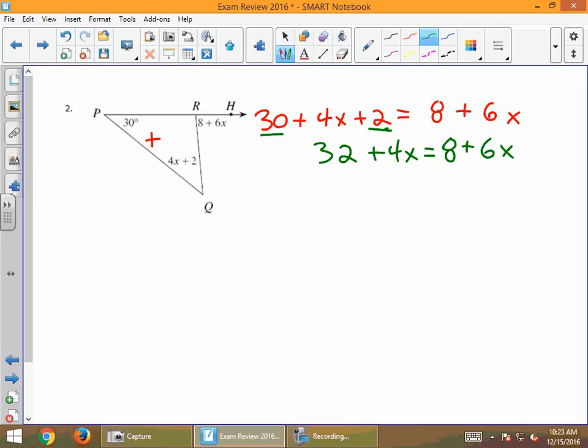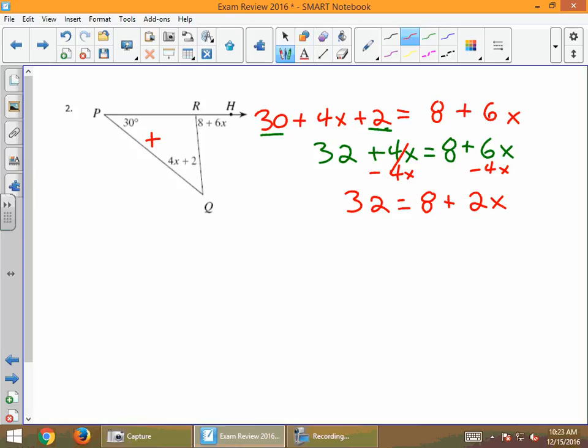A little more manageable, I'd say. My next step is I want to get those x's together. Which one do you want to move? That's a great one. I moved 4x myself. Minus 4x, minus 4x. 32 equals 8 plus 6 minus 4, which is 2x.